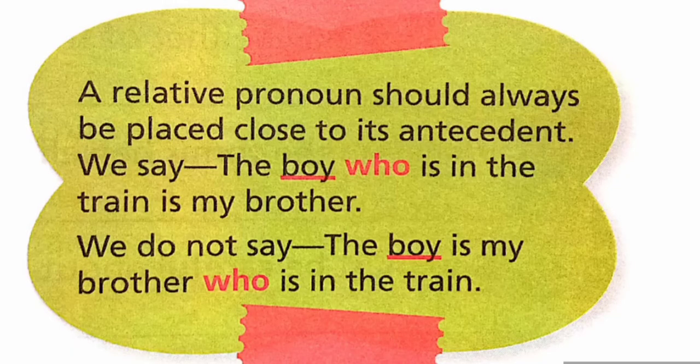A relative pronoun should always be placed close to its antecedent. We say, the boy who is in the train is my brother. We do not say, the boy is my brother who is in the train.